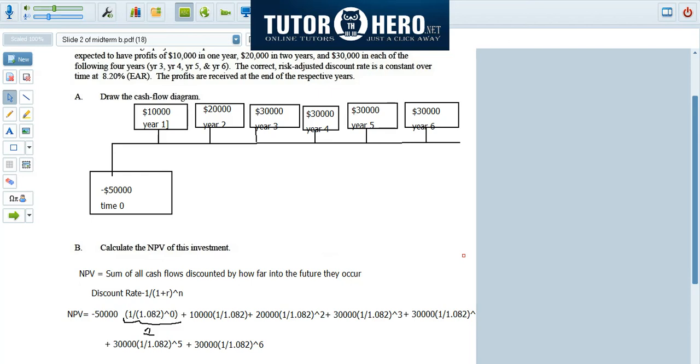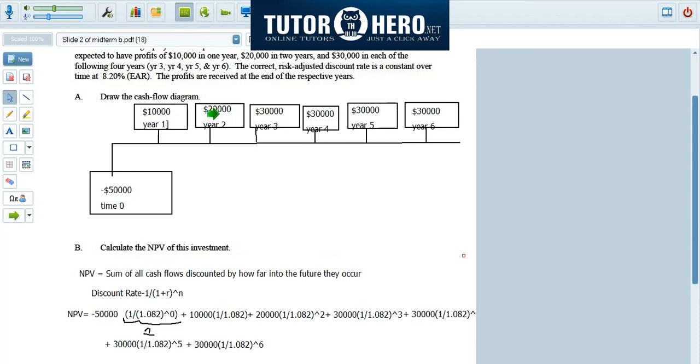And all that's left to do is to punch that up into a calculator and add it up. So the key to calculating net present value is to understand how do you add it up? How do you get the right formula? And so the cash flow diagram tells you how to do it. So you start at the start of the cash flow diagram, you're minus $50,000. Then after that, you have your $10,000 in year 1. You discount it by the 1-year discount factor.